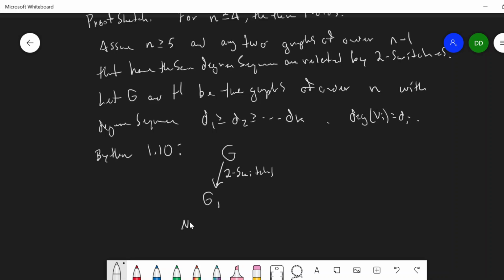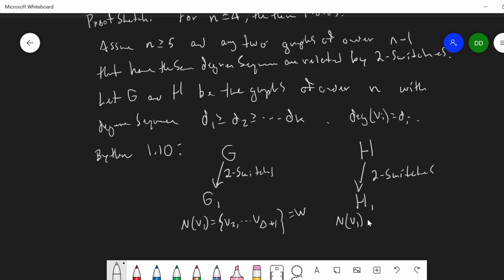And G1 has the property that the neighborhood of v1 is this set, v2 up through v delta plus 1. And we can do the same thing with H. So we can also do a series of two switches, let's call this graph H1, so that its vertex v1 also has this property, where we're calling this W, that the neighborhood of v1 is equal to W.